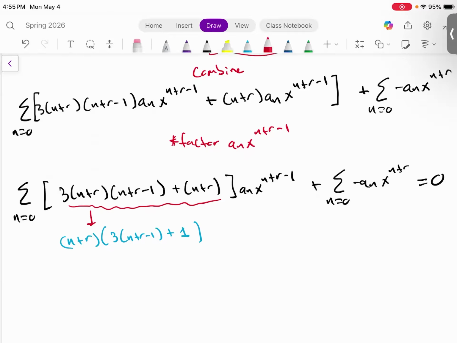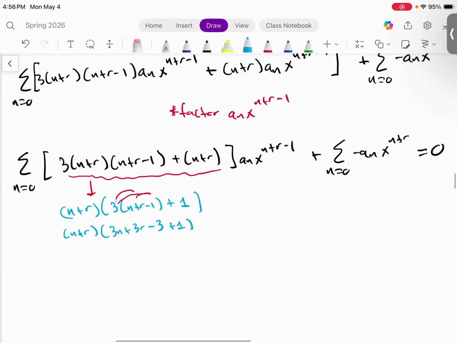And if you distribute the 3, you get n plus r times 3n plus 3r minus 3 plus 1. And so that simplifies to n plus r times 3n plus 3r minus 2.